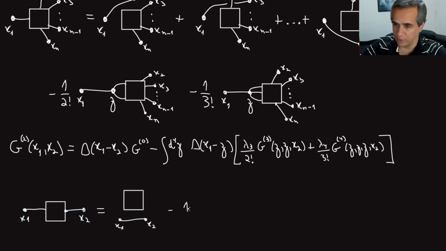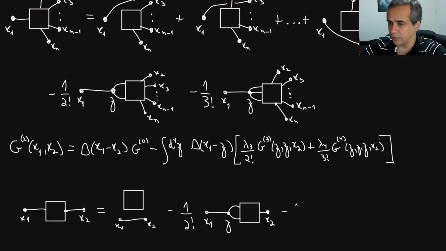Minus 1 over 2 factorial propagator from x1 to z, 2 lines going into the box, and then an extra line going to x2, and minus 1 over 3 factorial, right?